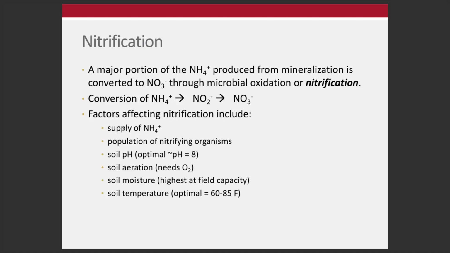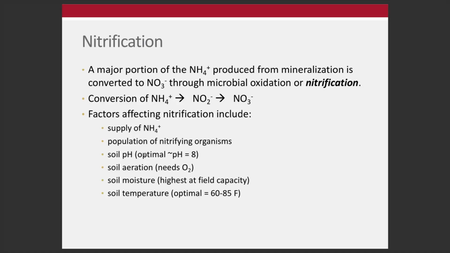First of all, not surprisingly, the concentration of ammonium in the soil, the actual critters that are there, the nitrifying organisms, and what the pH is. Higher pHs tend to drive it. Soil needs oxygen for this reaction, so if it's an anaerobic soil, you're not going to have any nitrification. But if it's an aerobic, well aerated soil, you will have it.